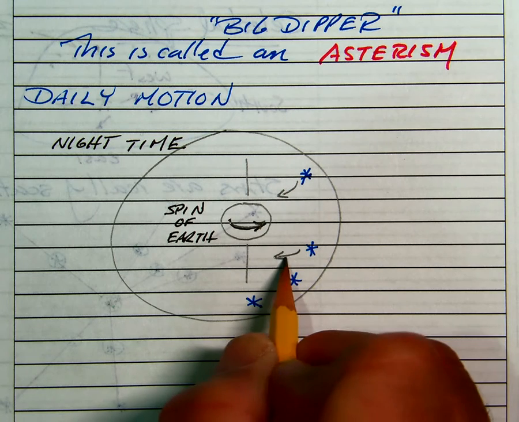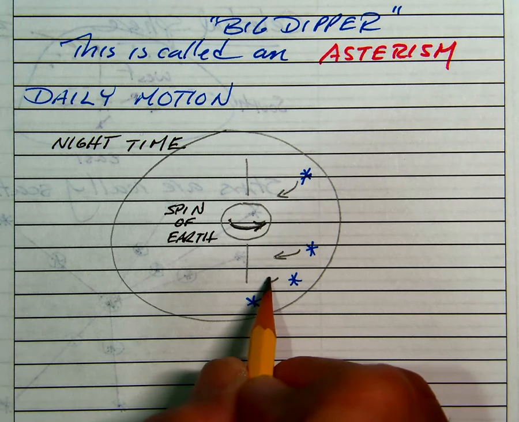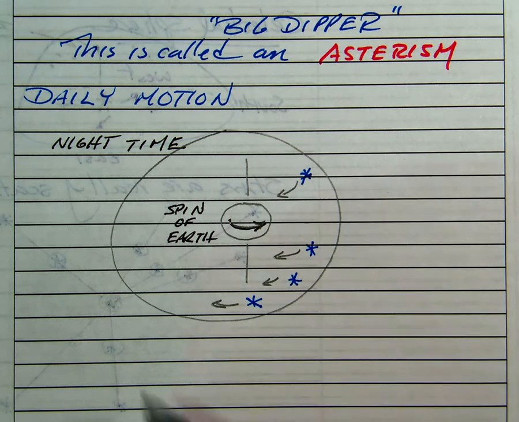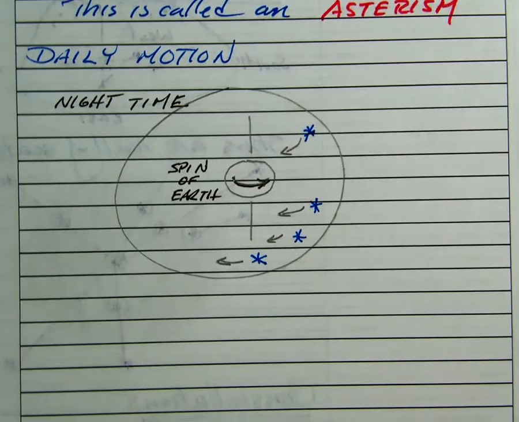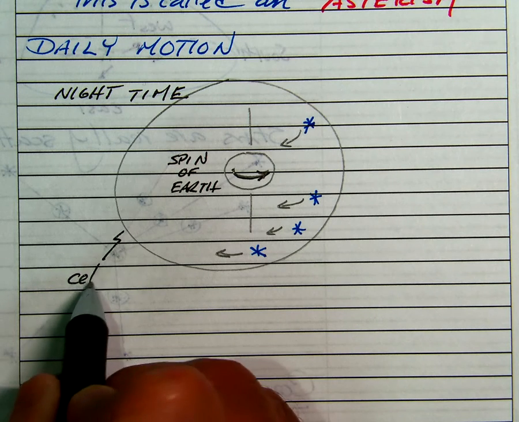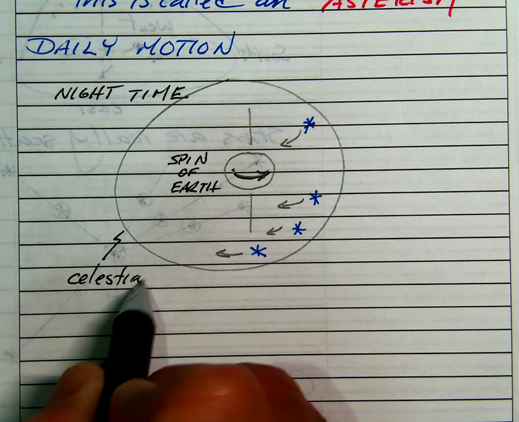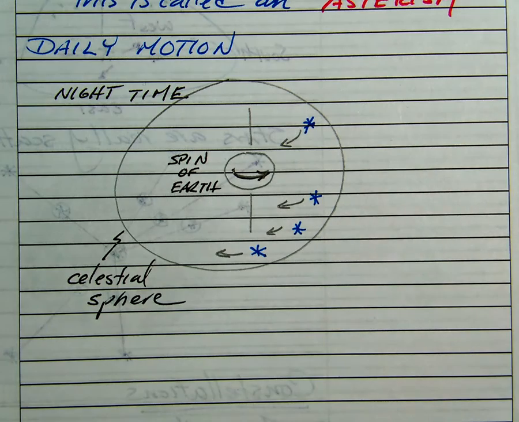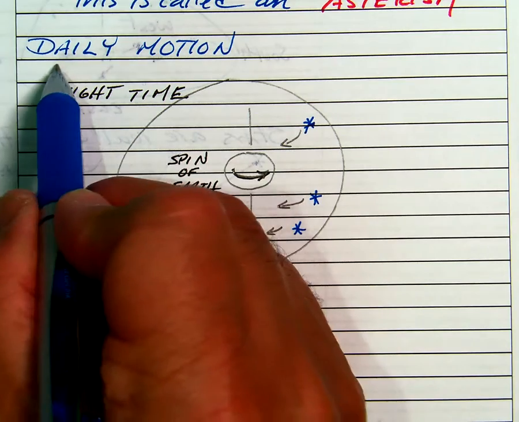They rise up. This would be the celestial sphere. So there's our daily motion.